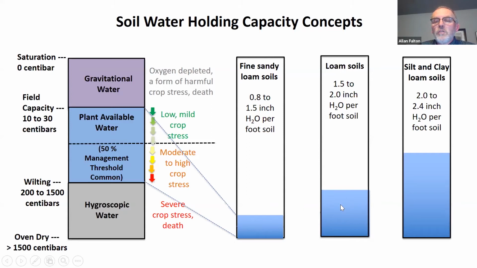Loam soils, your medium textures, will have more water, and your silt and clay loam soils tend to have the most plant available water. And again, these dashed lines represent a 50% management threshold in this case.